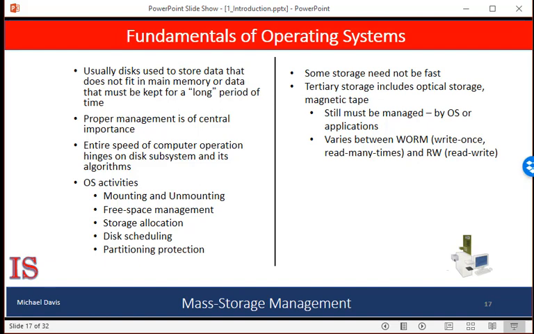Magnetic tape drives and their tapes, and CD, DVD, and Blu-ray drives and platters are all typically tertiary storage devices. Tertiary storage is not crucial to system performance, but it must be managed. Some operating systems leave tertiary storage management to application programs.